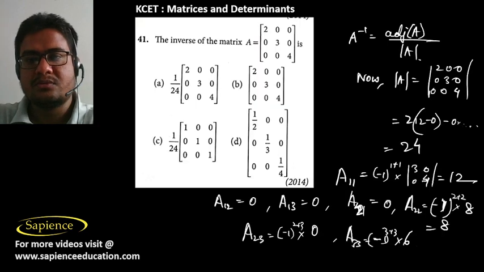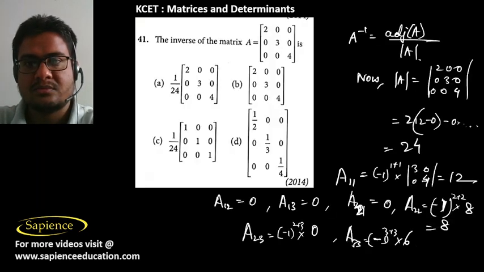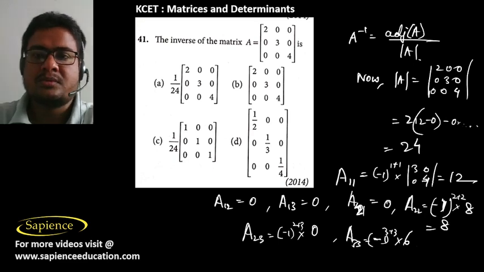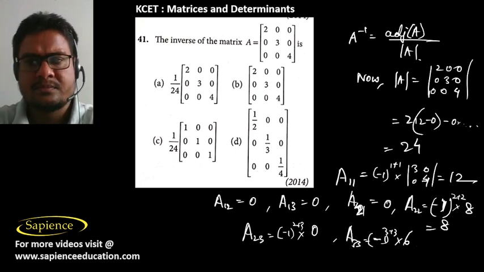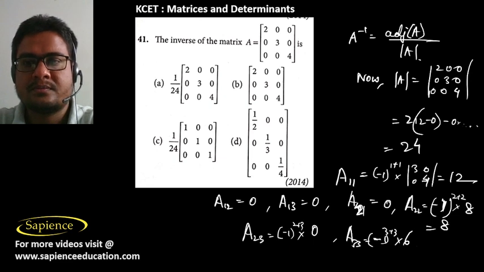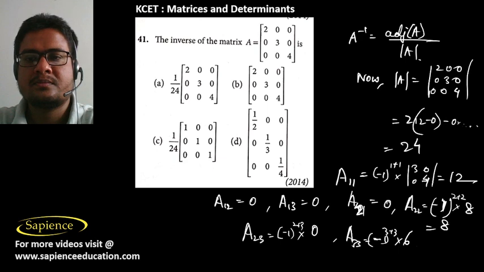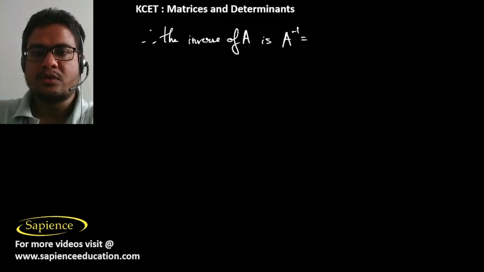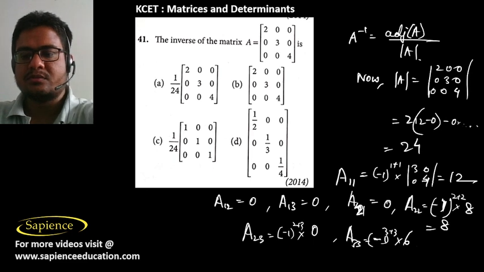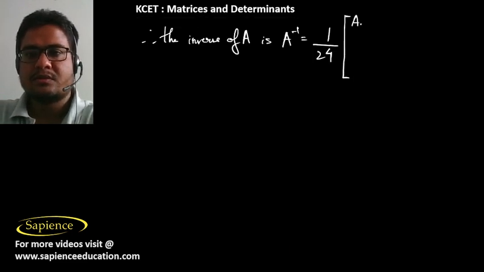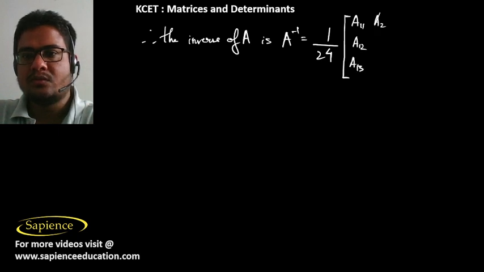Therefore, the inverse of the matrix A, A inverse, will be equal to 1 by the determinant of A, which is 24, into the cofactor transpose, that is the matrix A11, A12, A13, A21, A22, A23, A31, A32, A33.